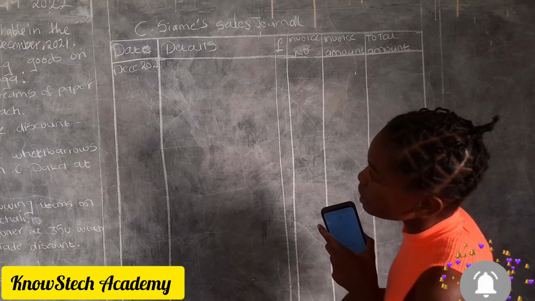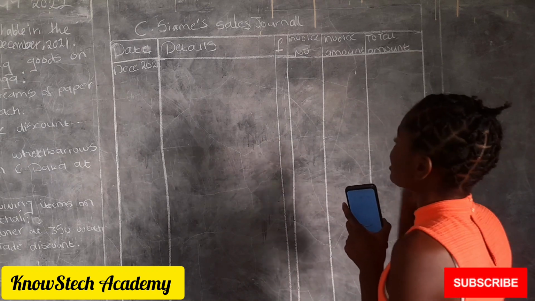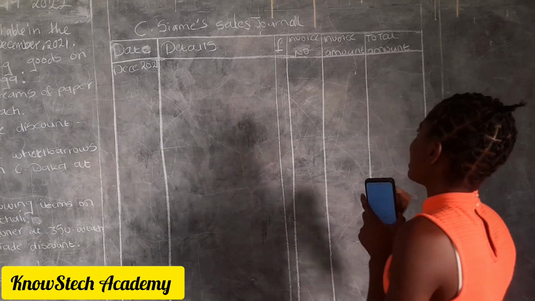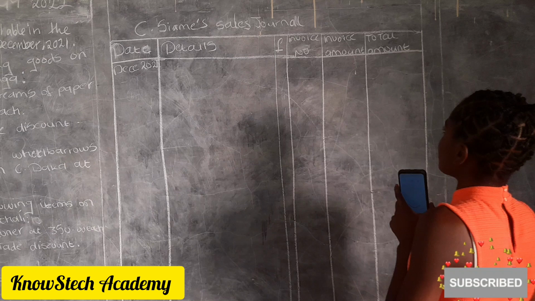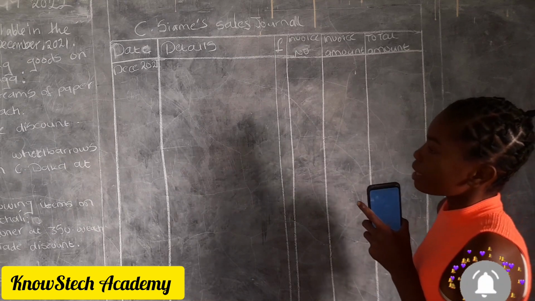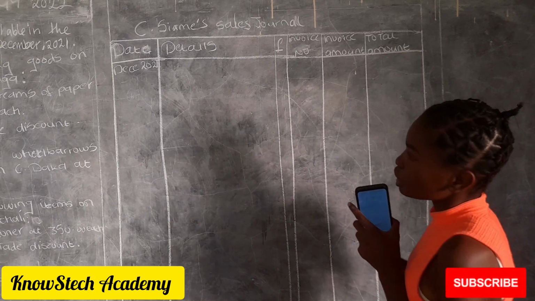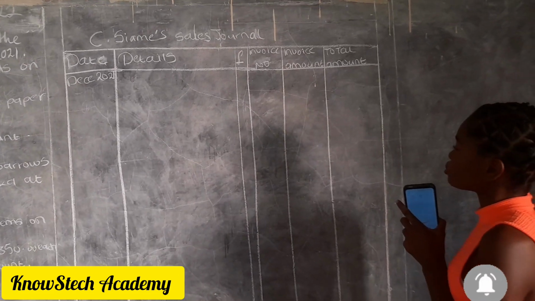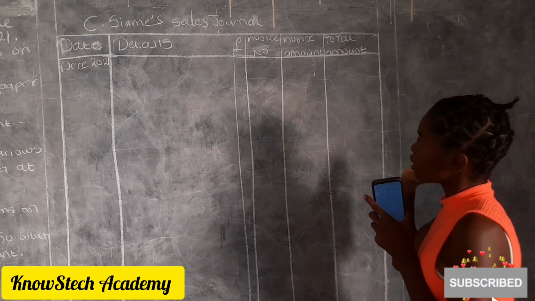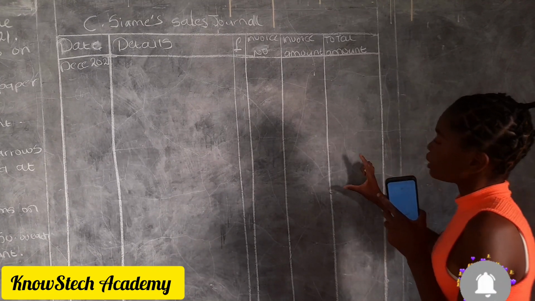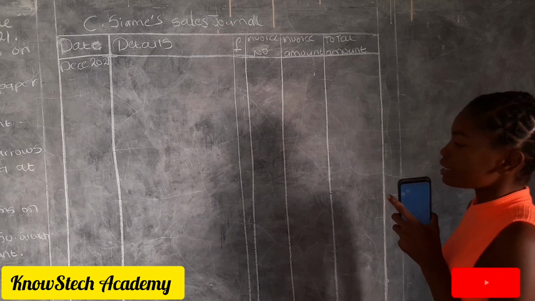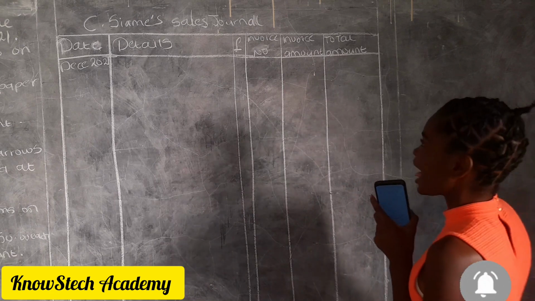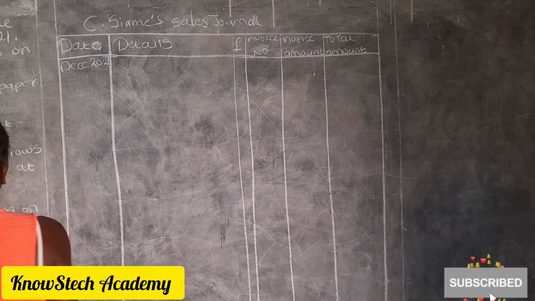The fourth column is the invoice amount, where we write the total amount of each transaction. And the last column is the total amount, where after writing the invoice amount, we calculate all the amounts together to find the total sales.